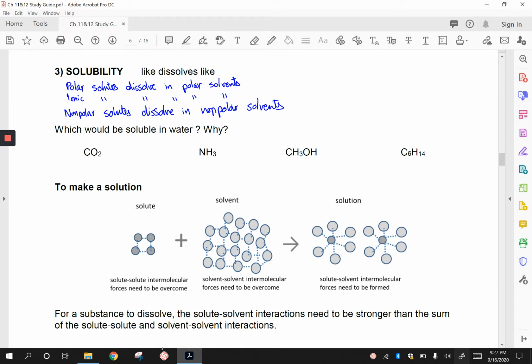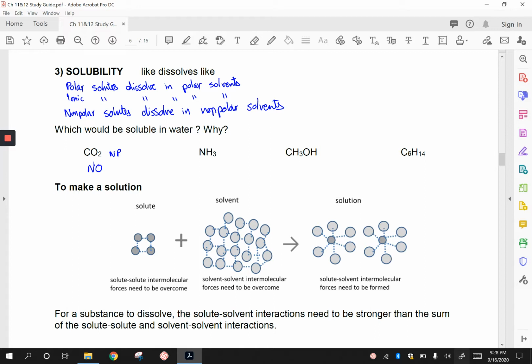So let's take a look at this question. It says, which would be soluble in water and why? CO2, would that be soluble in water? Well, CO2 is nonpolar, so the answer is no. For now, we're just going to say that because it's nonpolar, whereas water is polar, they would not have strong interactions.